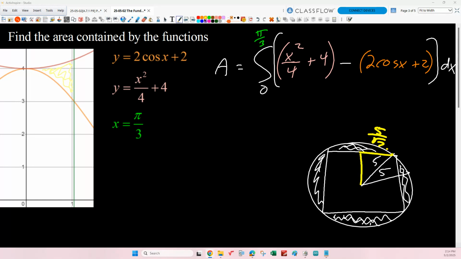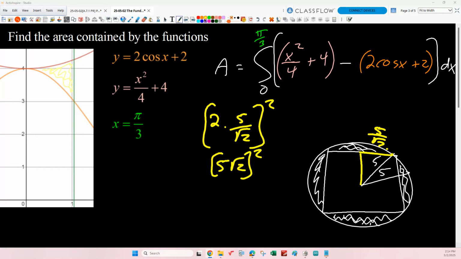Okay, so then the area of the square would just be twice that distance squared, so it would be 2 times 5 over the square root of 2 squared, which is the same thing as 5 times the square root of 2 squared, which is just 50. Right? So it'd be pi r squared minus, or 25 pi minus 50 would be the answer.